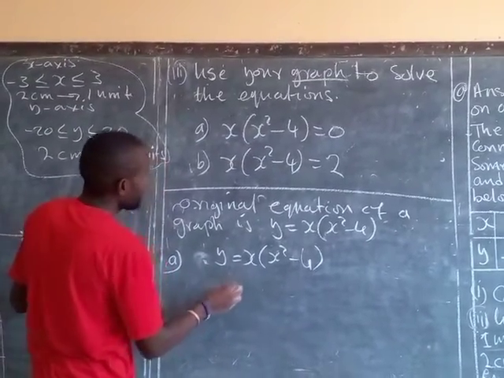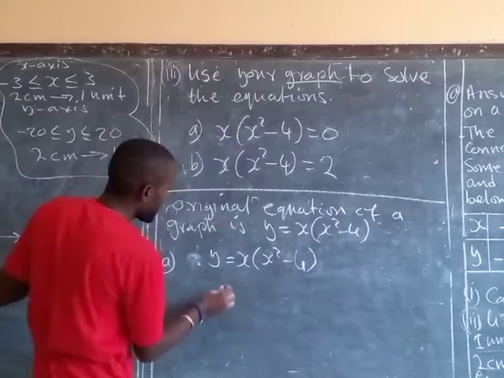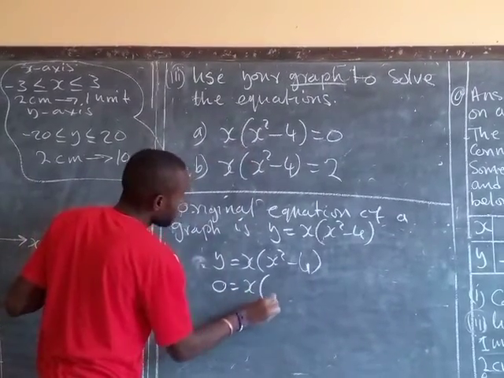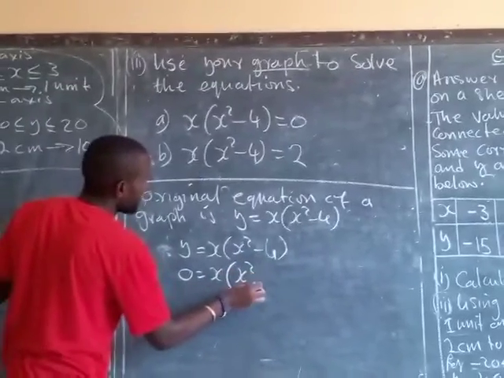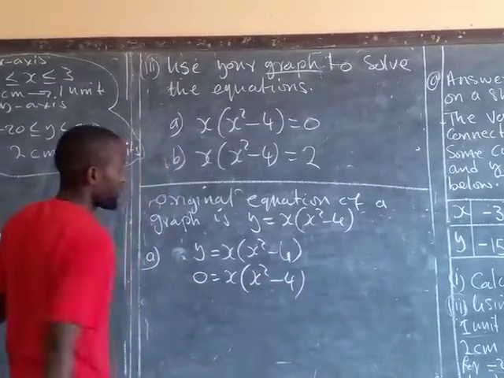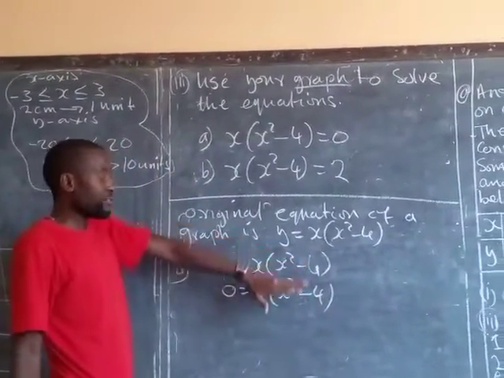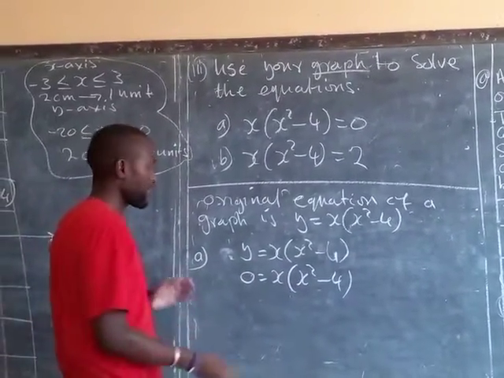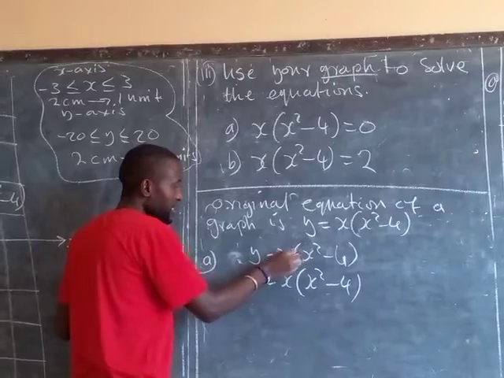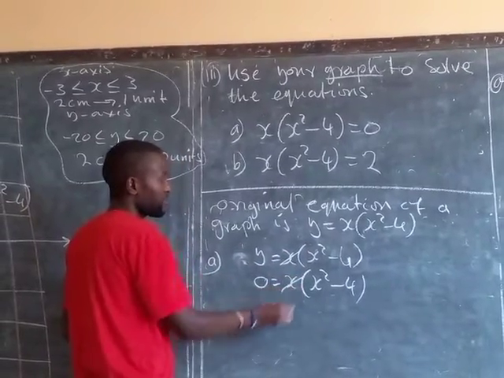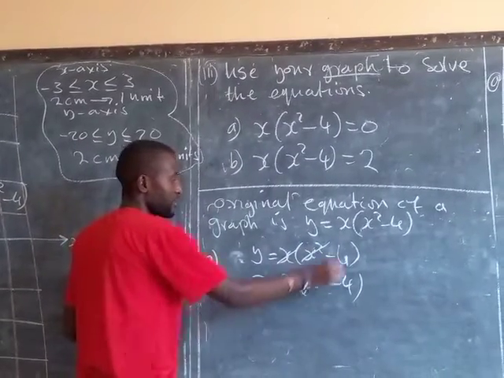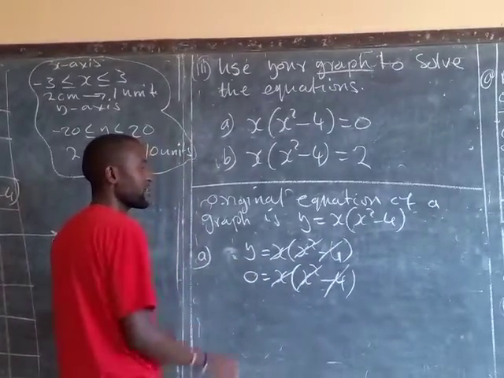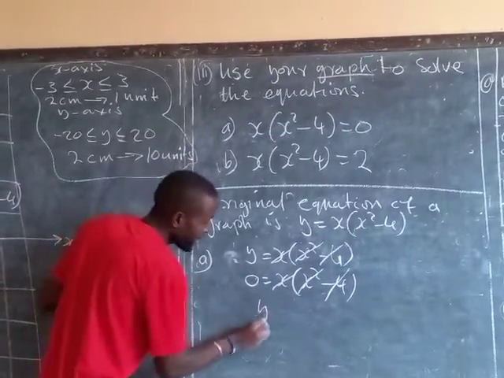Also, you see there's 0 there, I can write 0 is equal to x, open brackets, x squared minus 4. What is there and what is here? You cancel it, and what is remaining is the value that they are talking about. So look here, this x and this x cancel, this x squared and this x cancel, and this 4 and this 4 cancel. Hence we are saying that my y is equal to 0.